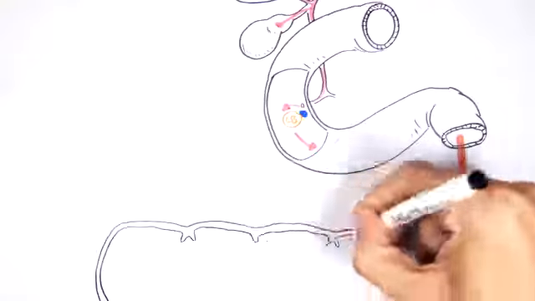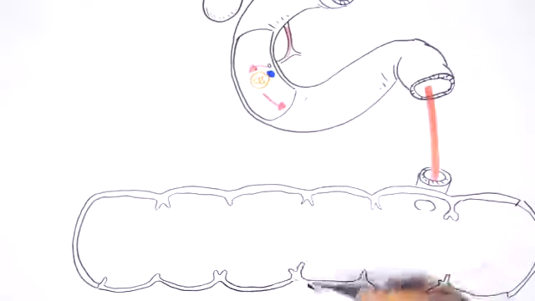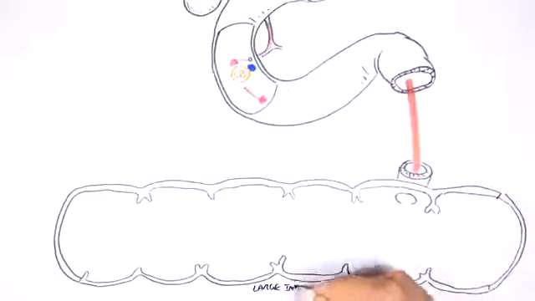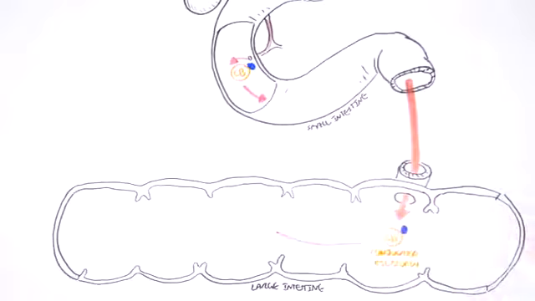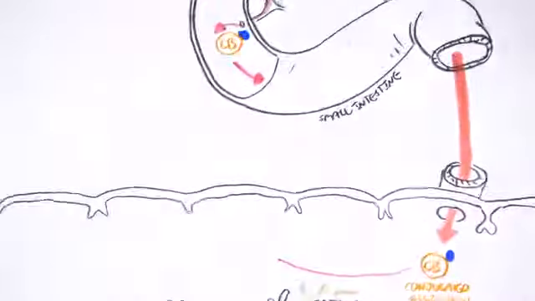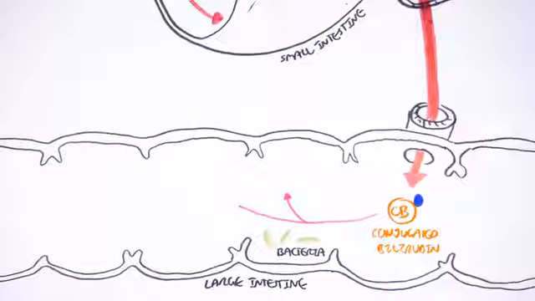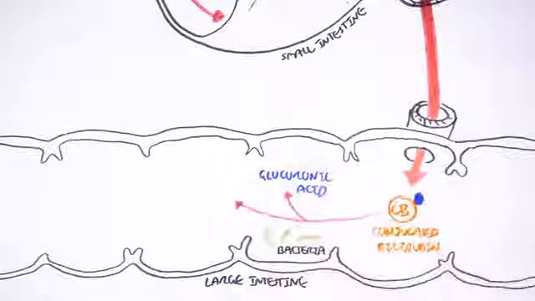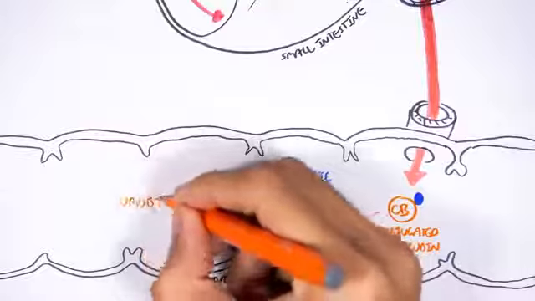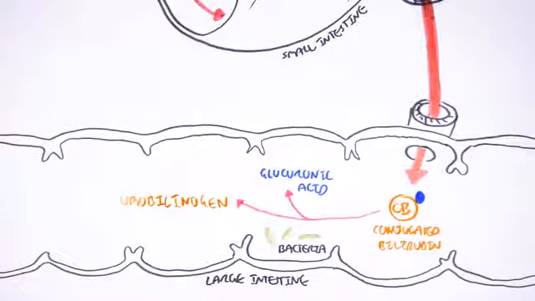Now, towards the end of the small intestine, a section known as the ileum, or in the beginning of the large intestine, the conjugated bilirubin will be converted by the intestinal bacteria to urobilinogen by removing the glucuronic acid through a hydrolysis reduction reaction. Urobilinogen is once again lipid soluble.